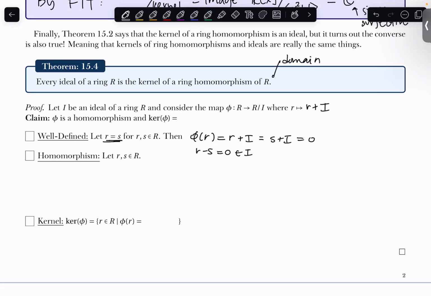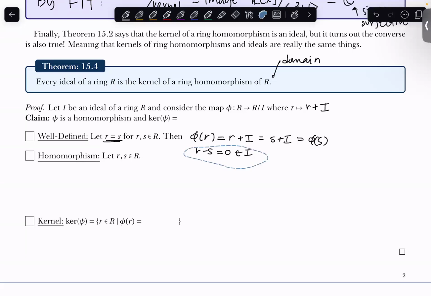And this is exactly what I would get if I plugged in S instead. So again, starting with the same inputs, the goal is to show that we got the same outputs as well. R and S are equal, and we wanted to show that phi of R was equal to phi of S. This one feels silly just because we already have a pretty good understanding of our cosets. If they're literally the same element, they should represent the same exact coset.